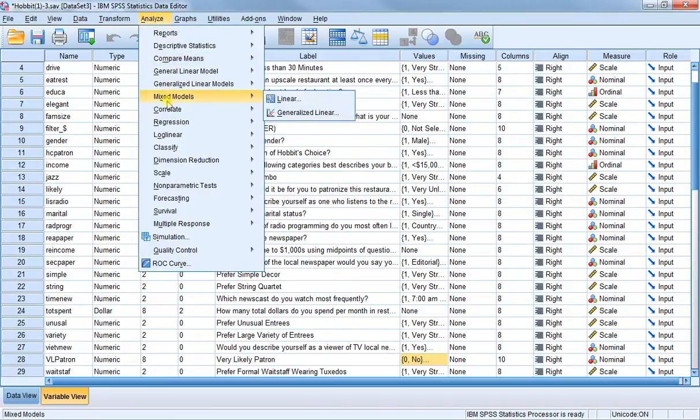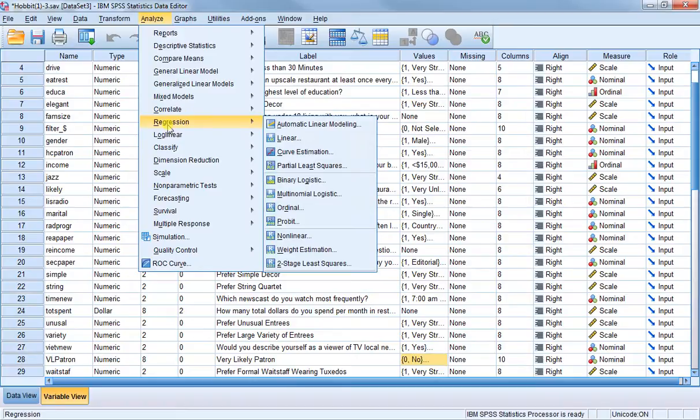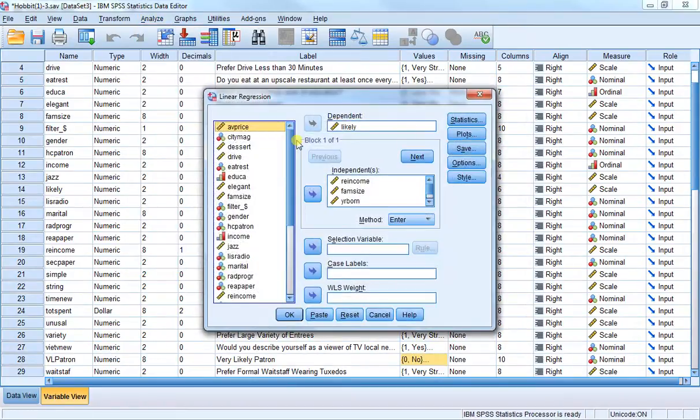What you want to go to is under Analyze, Regression, choose Linear Regression, click on it. I have put in likely, which is the dependent variable. The independent variables would be the recoded income, family size, year born, and gender, which is the dummy variable in this case.